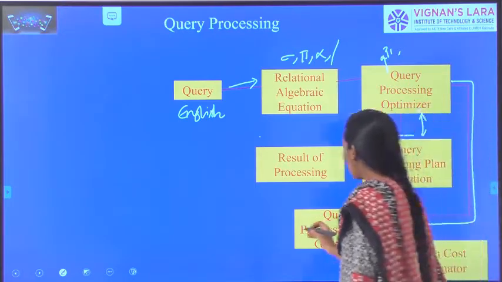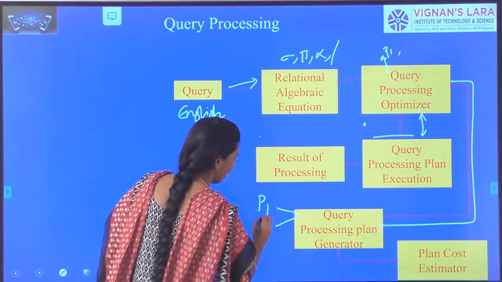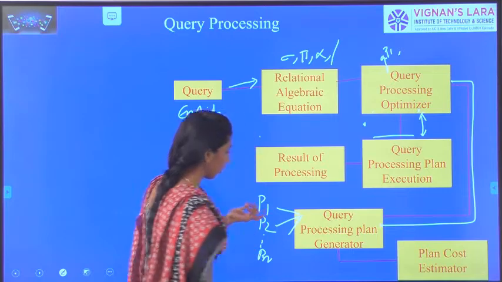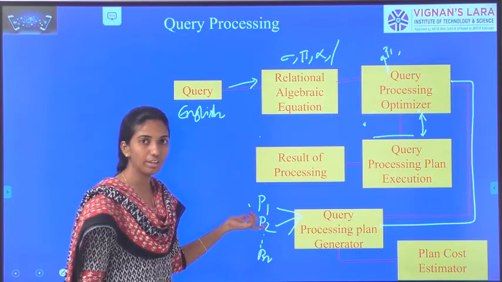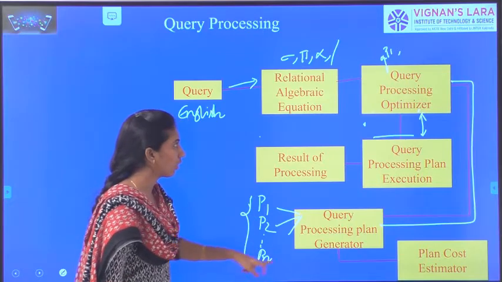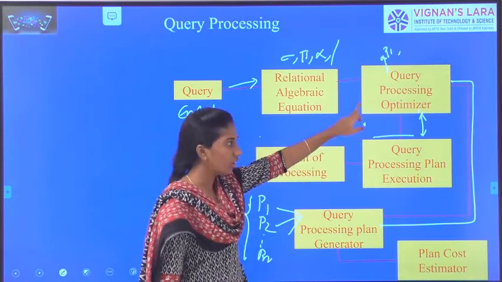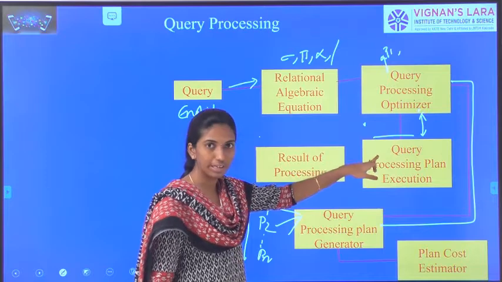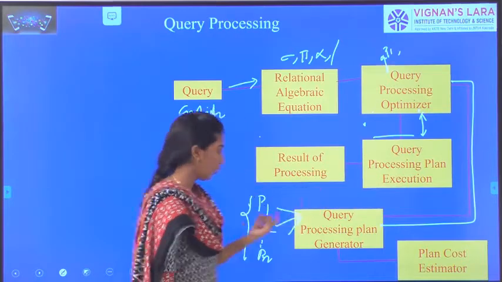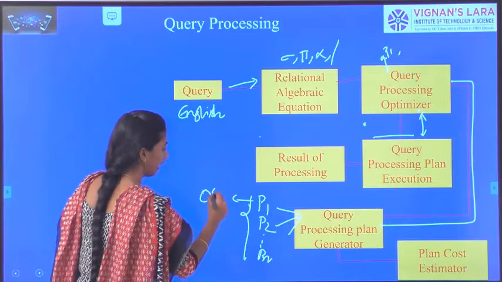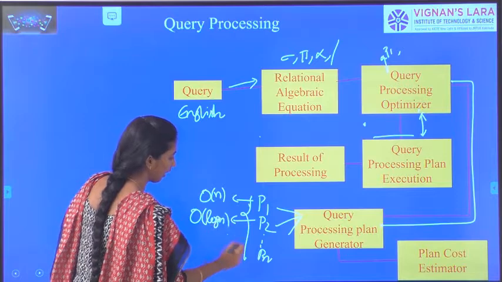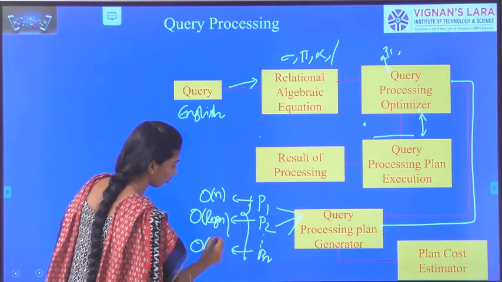Whatever query is given, it is going to generate n number of plans, that means a number of plans for each and every query. These plans are given to the query processing optimizer, and based on these plans, they get executed at the query processing plan execution. One plan may take big O of n, another big O of log n, and another big O of n square.